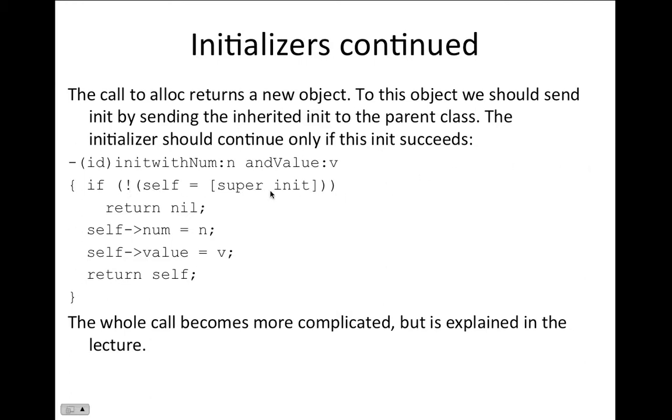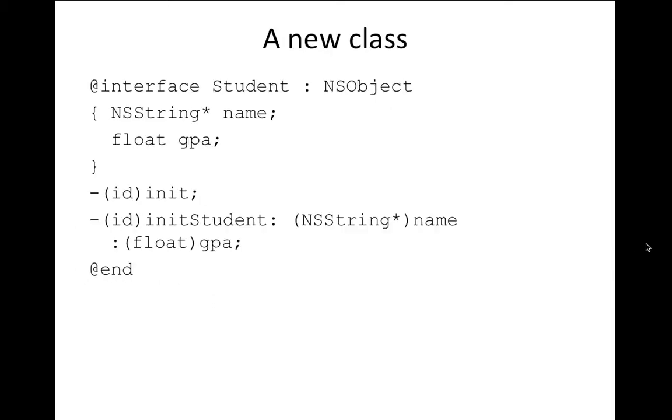If it doesn't succeed, if it doesn't get anything back, then we're going to return nil. Otherwise, we're going to go ahead and set self numbers n, self values v, and then return self. This basically lets us know that the other object is around and it returned correctly. So the whole call becomes more complicated, but it's explained in the lecture as well. There's an example of it in the lecture notes.